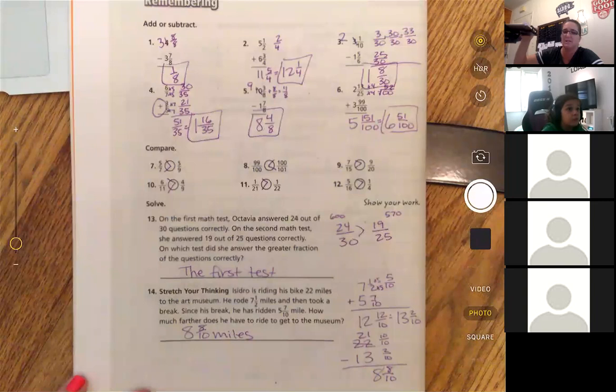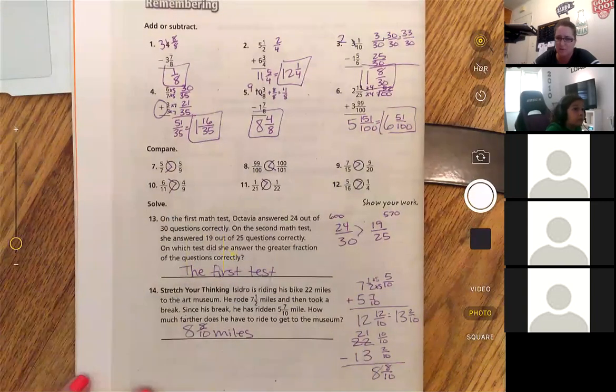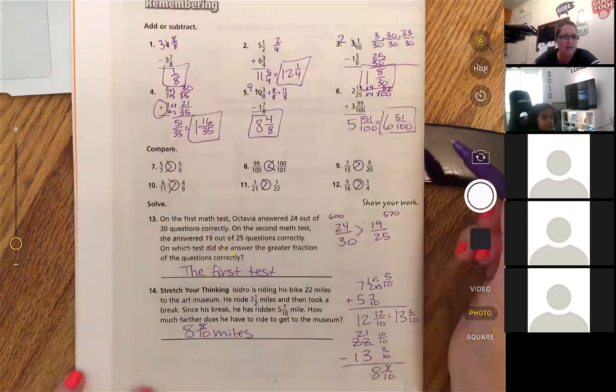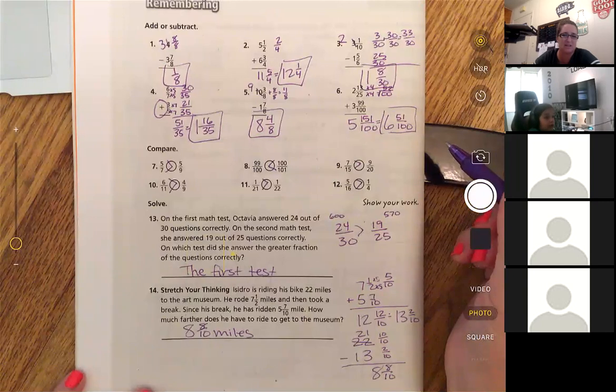For number 7, you got equal. So let's see. Did you do butterfly or did you find common denominators? I did butterfly. You did butterfly? Okay. Yeah.